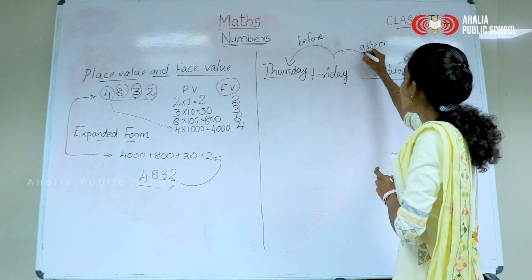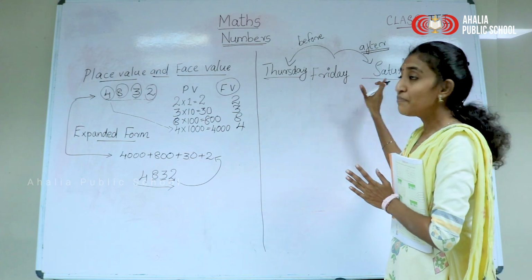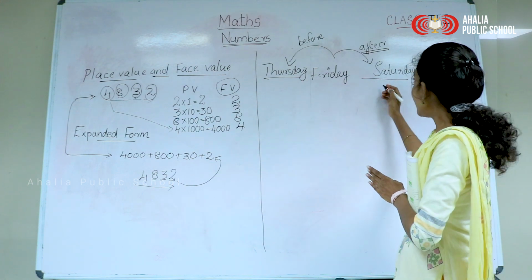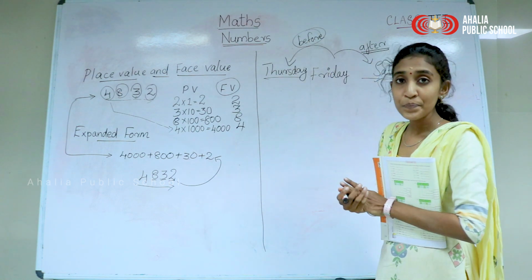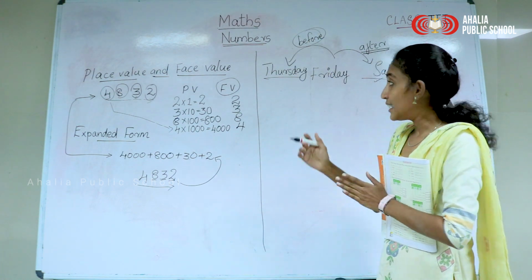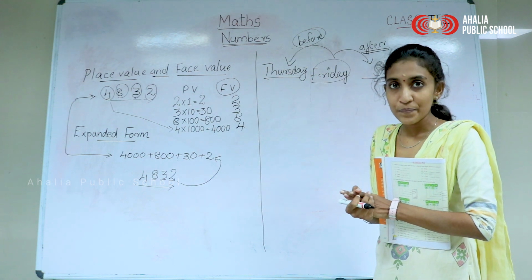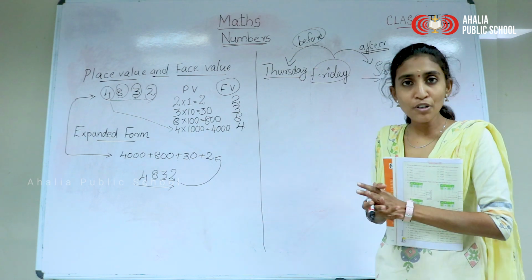Tell me, what do you mean by after? After എന്ന് പറഞ്ഞാൽ എന്താ? ശേഷം വരുന്നത്. അതായത് ഫ്രൈഡേക്ക് ശേഷം വരുന്നതാണ് സാറ്റർഡേ. And what do you mean by before here? തൊട്ട് മുൻപുള്ളത്. ഫ്രൈഡേക്ക് മുൻപ് വരുന്നതാണ് Thursday. Okay, so today we are going to learn the same kind of concept here.